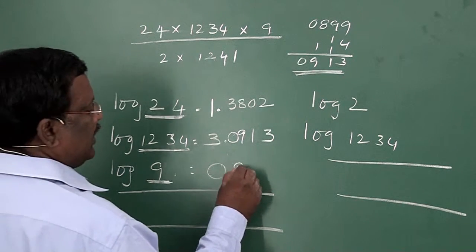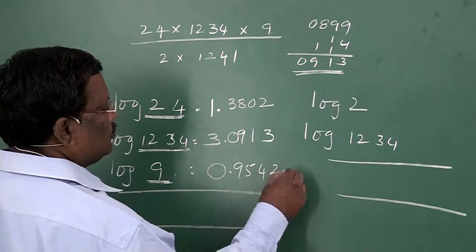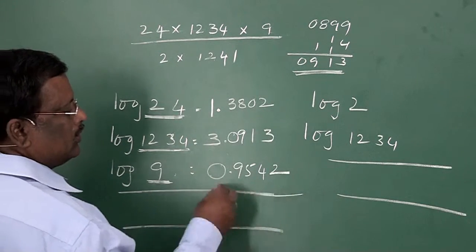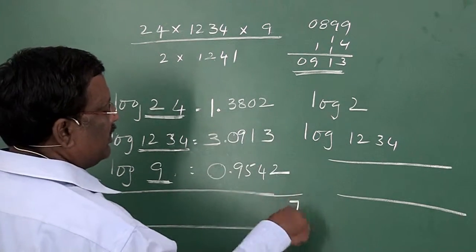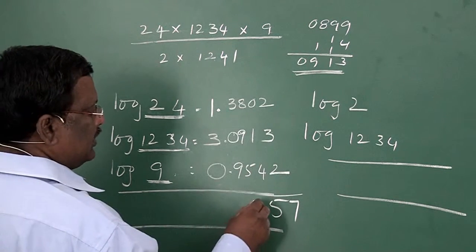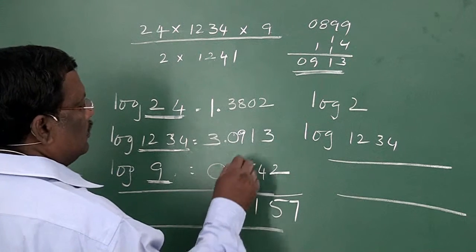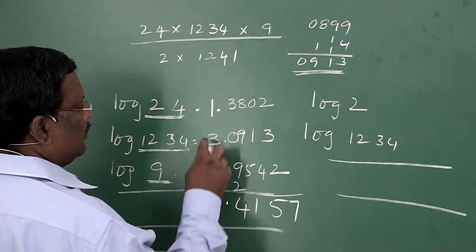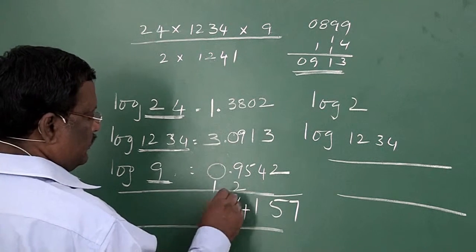9542. Now these are all multiplications, so you have to add everything. 3 plus 2 is 5, 5 plus 2 is 7, 4 plus 1 is 5, 14; 14 plus 8, 21; 5, 9 plus 5, 14; 4 plus 1 is 5.